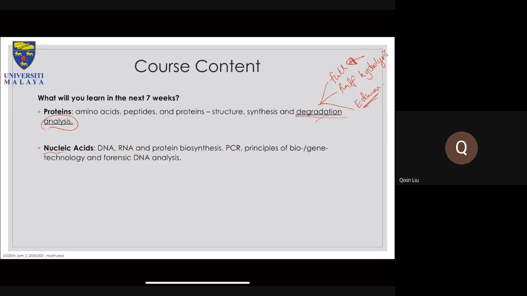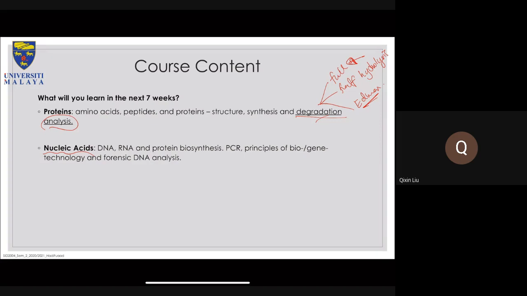What we're going to look at today is basically nucleic acids. We will look at what is DNA, what is RNA, but of course, this is not a biology class, so I'm not going to dive into very much detail about each and every one of these. We will just look at the basic structure of DNAs, RNAs, different types of RNAs, and the things related to DNA, RNA, and chemistry.